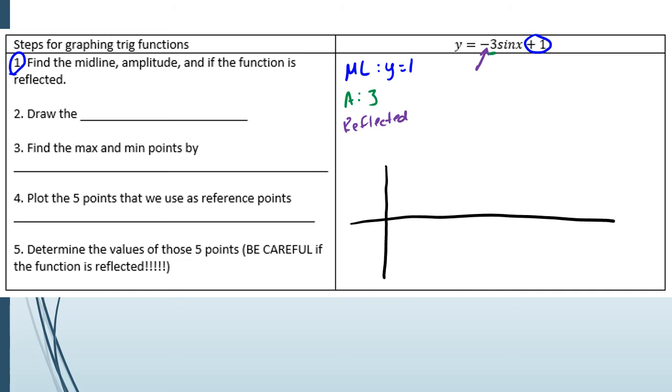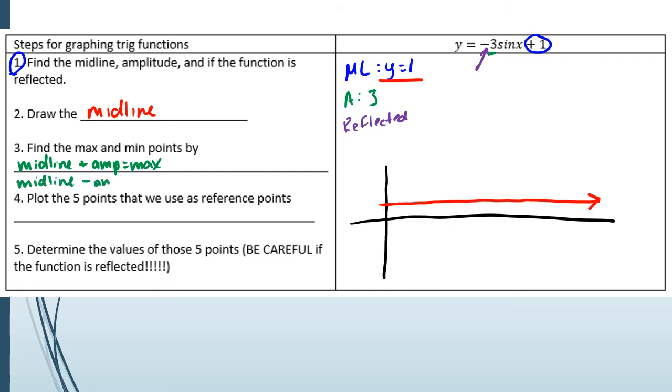So the first thing that we're going to do is draw the midline. Our midline is at y equals 1. So if this is 0, we're going to go up 1. We're going to extend that line out. Next, we're going to find the max and min, and we're going to do that by taking the midline value plus the amplitude gets us the max, and then to get the min, we're going to do the midline minus the amplitude.